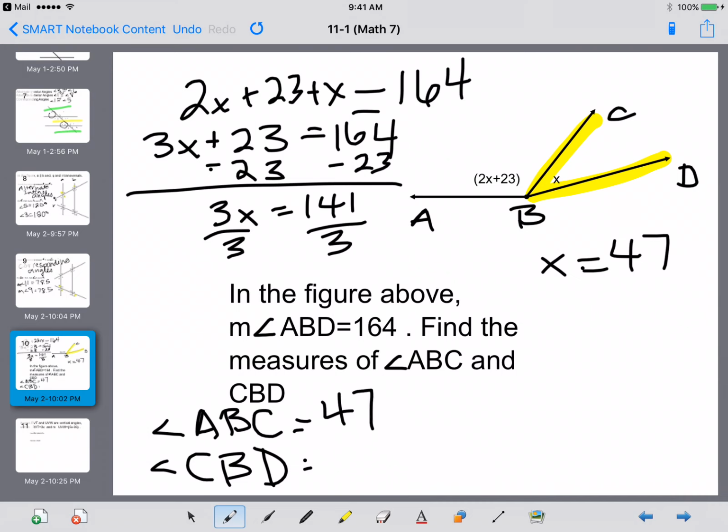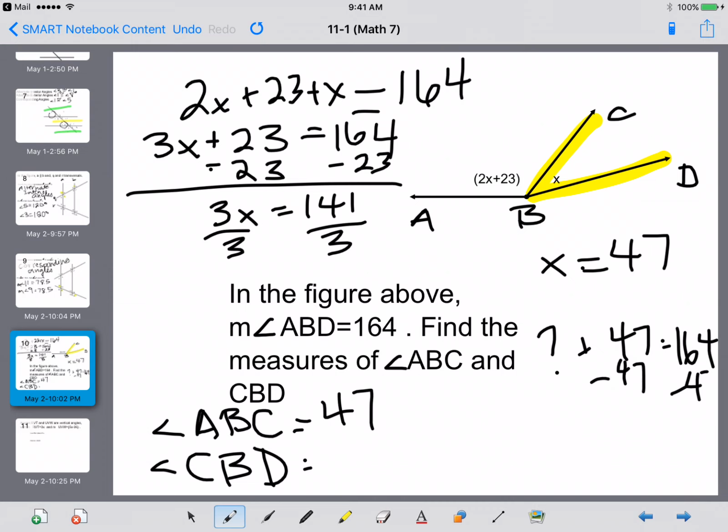Now we got to think a little bit here. If this angle plus our missing angle add up to equal 164, all we have to do is go, I'm going to put question mark, plus 47 equals 164. Now we're solving for question mark.